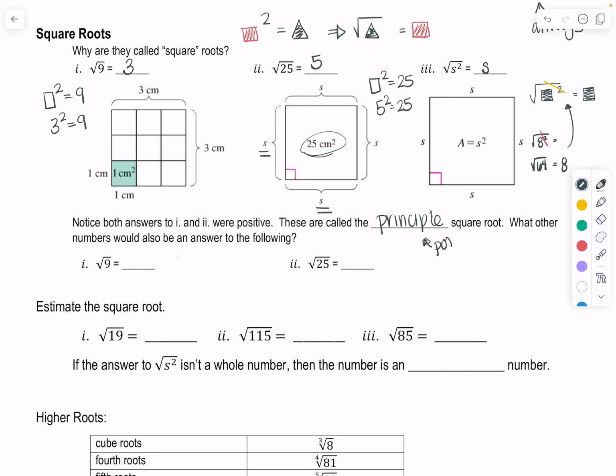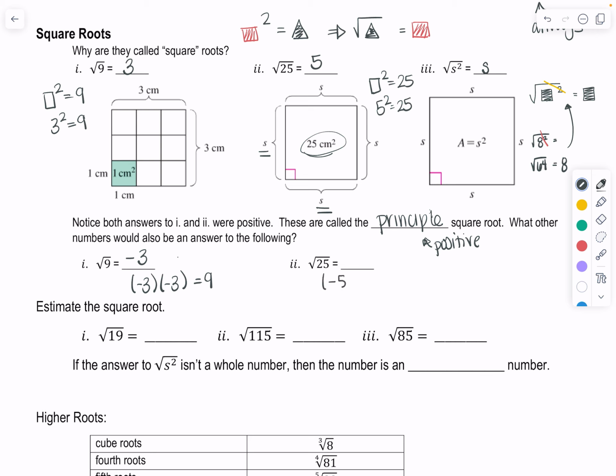So most of the time that's what it's going to ask for, and it's specifically going to say find the principal square root. But it's also true that negative numbers times themselves would be positive. So in the square root of 9, negative 3 times negative 3 does equal positive 9. So technically the square root of 9 is both positive 3 or negative 3.